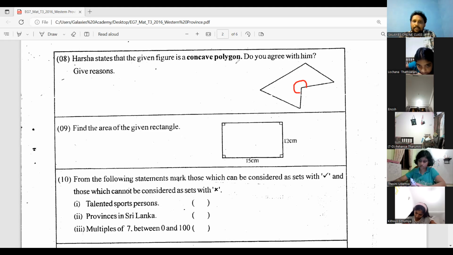So this one answer, do you agree with him? Yes, agree.